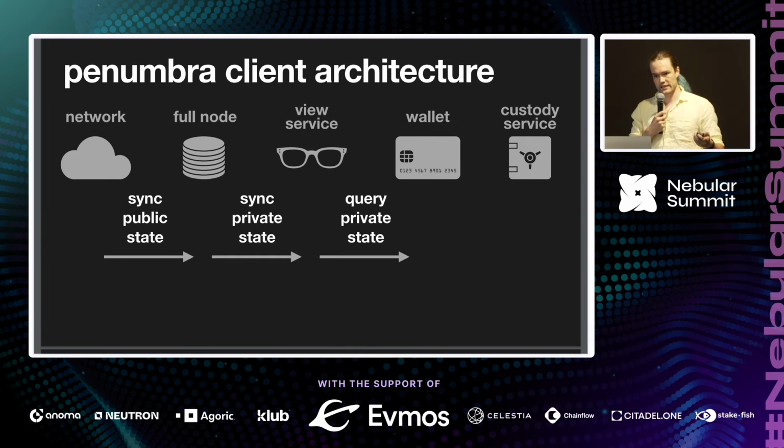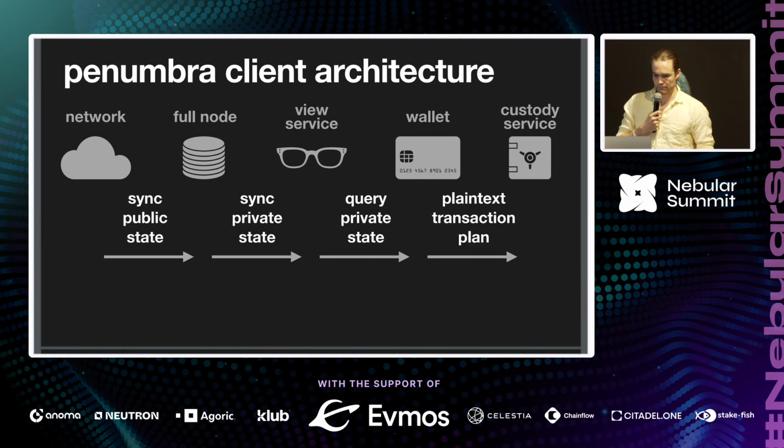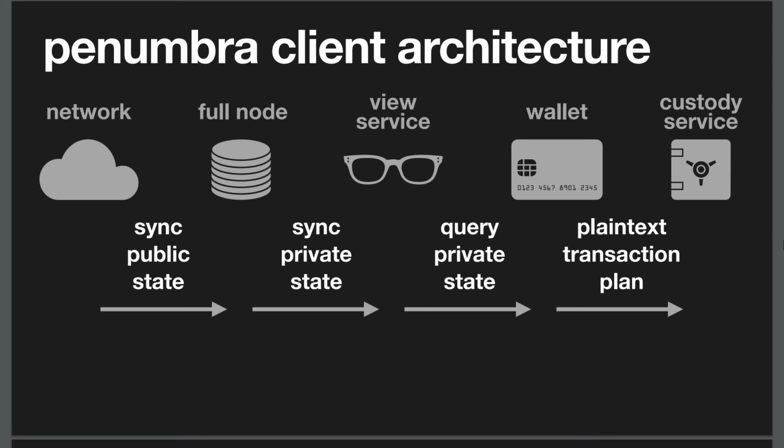Once someone has this wallet software, and again, I'm using the word wallet, but this could be any kind of trading bot or an ARB system. We've been testing this with a Discord bot that we use for a testnet faucet as a kind of proof of concept. That wallet can send a plain text transaction plan to this custody service.